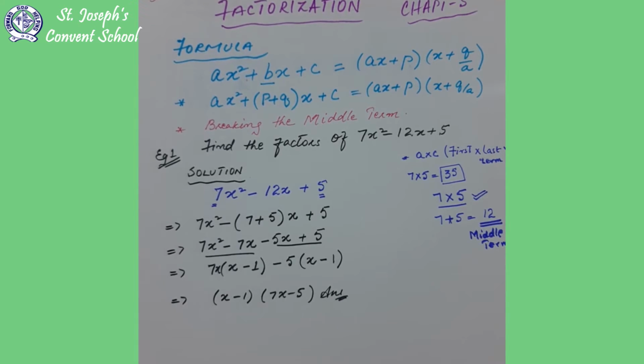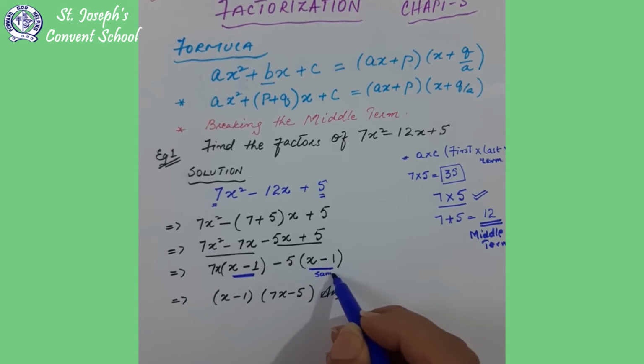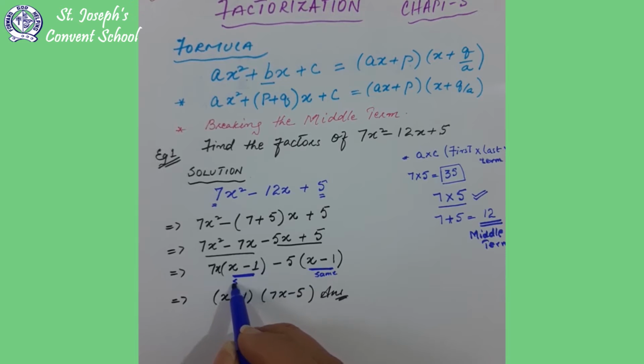Now, what you have to check in this question, how to check if the factors are correct or not. If this bracket and this bracket both are same, okay? If these are same, this and this, if both are same brackets means these terms are same and the sign is also same. It means that factors are correct.